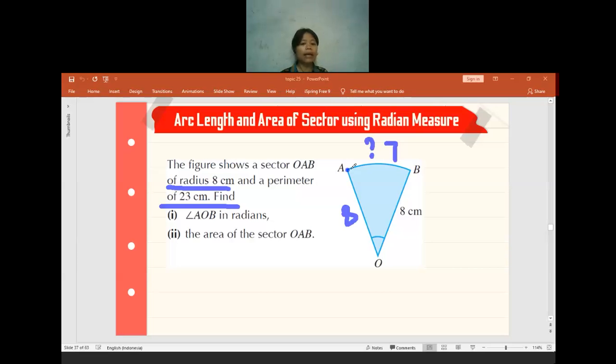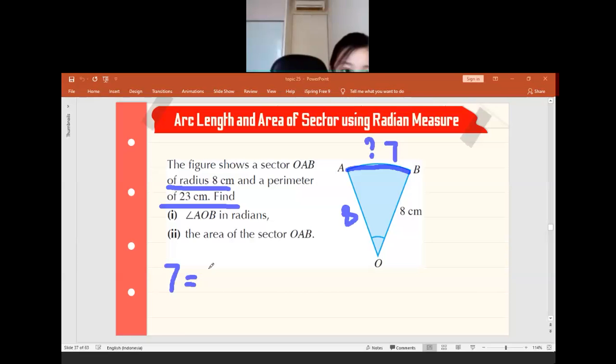Is AB the arc length or the sector area? Arc length. So can anyone help me find the arc length in radian unit? What is the formula? 7 is equal to 8 times the radian.